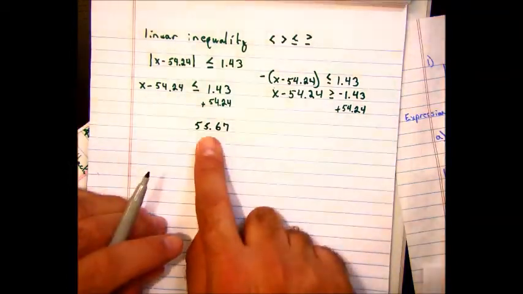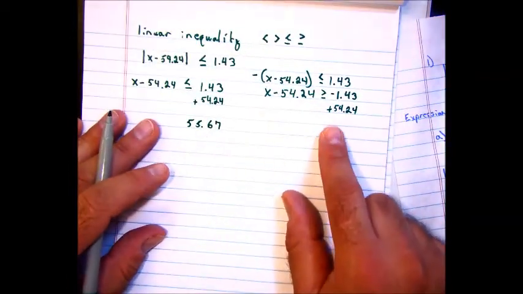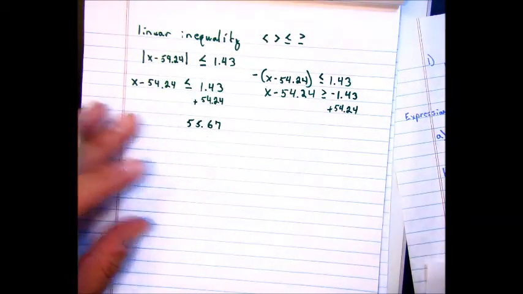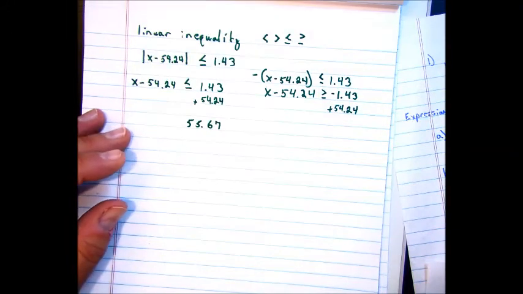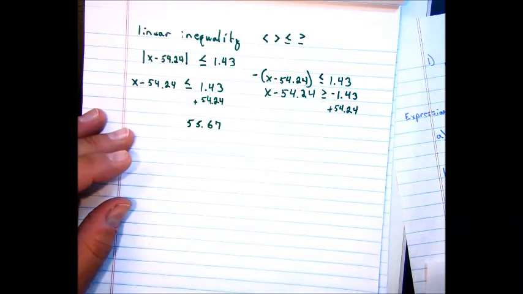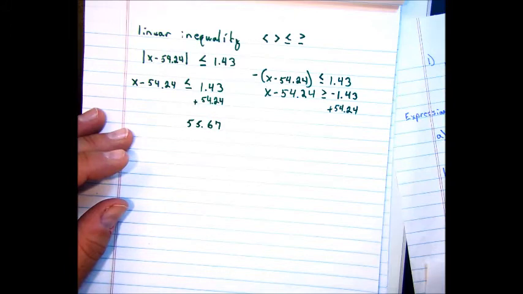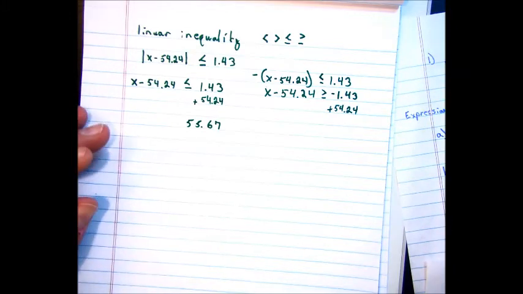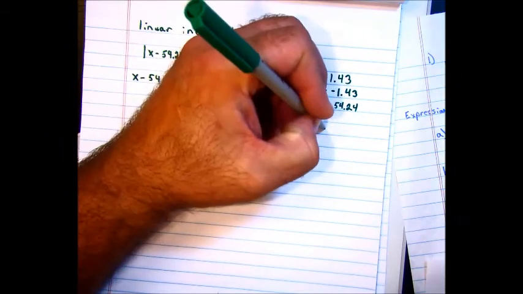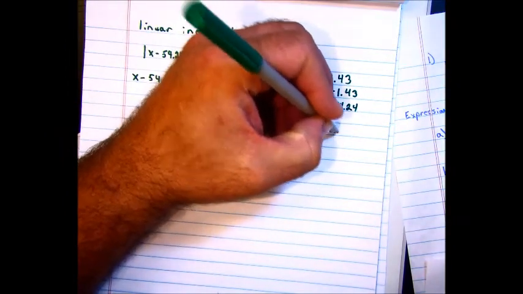This one's 55.67, whereas this one, let's make sure I get it right. 1.43 plus 54.24, and you end up with 55.67 and 52.81.